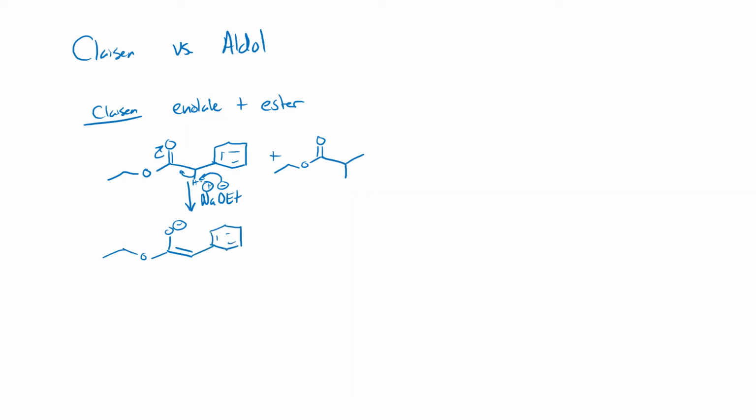Okay, so we make the enolate by adding a base, and then we add to the ester. Right? And so we're going to remake the carbonyl. The alpha position is nucleophilic. It adds to the carbonyl over here.